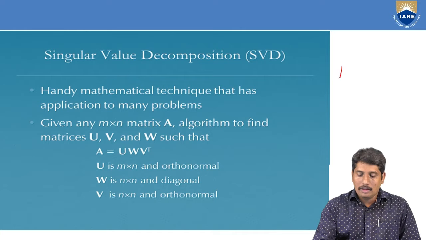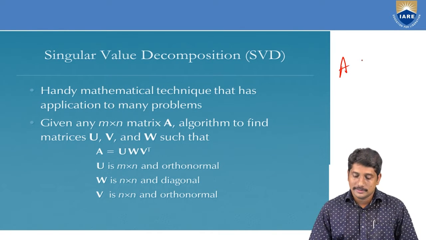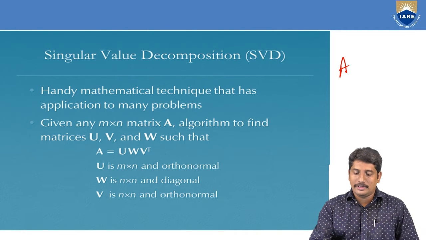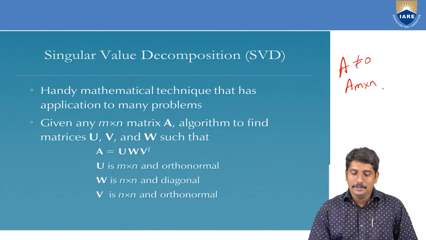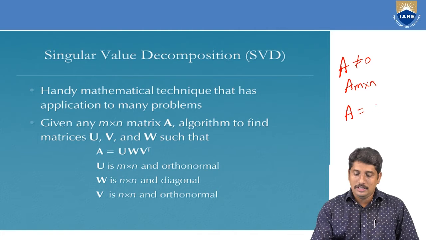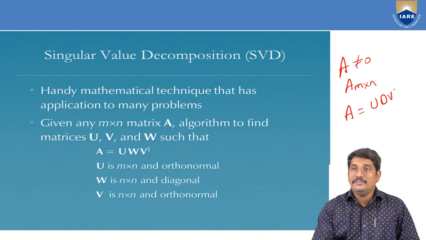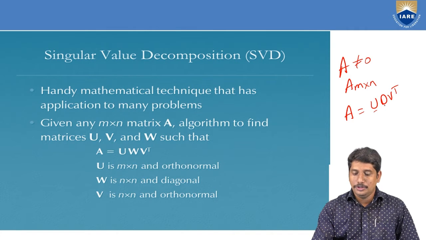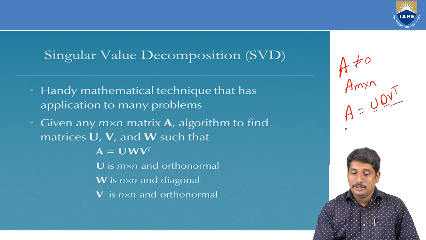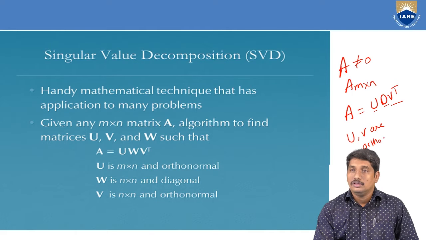Any matrix, whether it is square or rectangular, any non-zero matrix of order m by n, can be split into a product of three matrices, namely U into D into V transpose, where U and V are orthogonal, in fact, orthonormal, and D is a diagonal matrix.